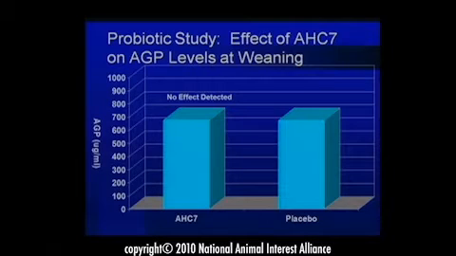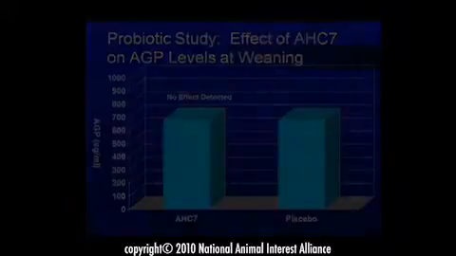So one of the things we looked at was the puppies we supplemented versus the puppies we didn't supplement. We looked at a common stress marker, alpha glycoprotein, and didn't see any effect versus a sham treat that was given to a matched sample of puppies.